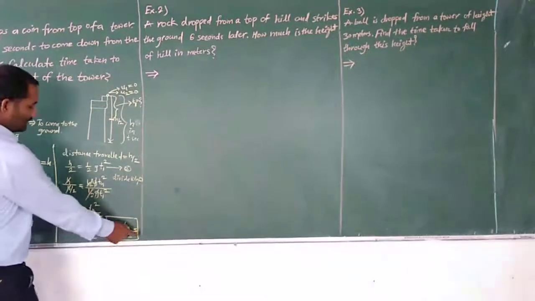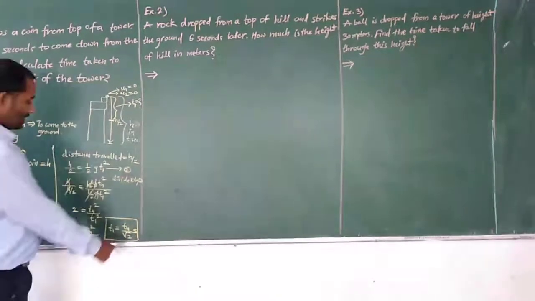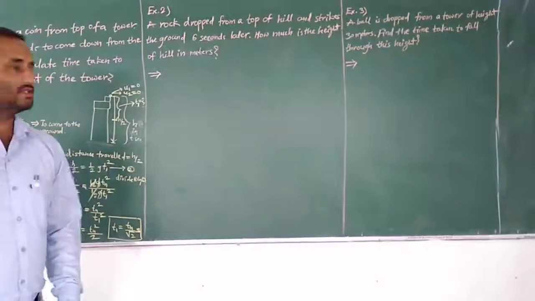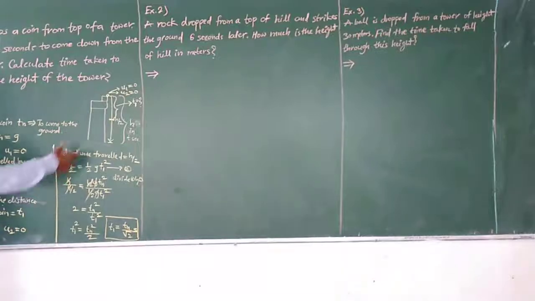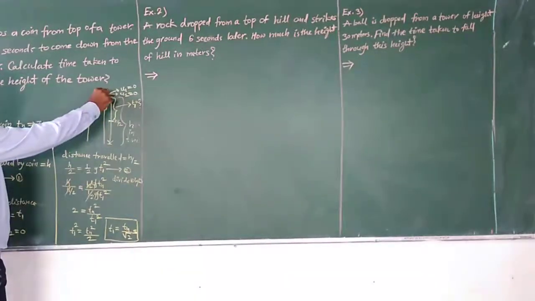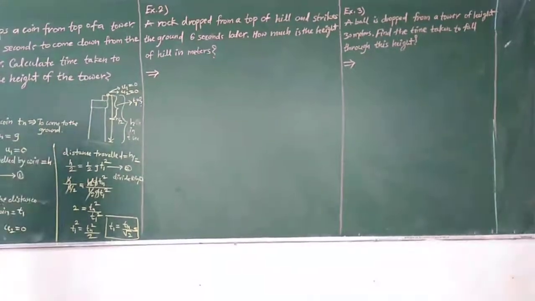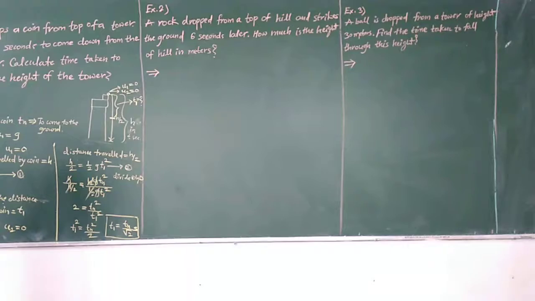The unit of time is second. So this is for a coin dropped from the top of the tower. Now we will see the next example.